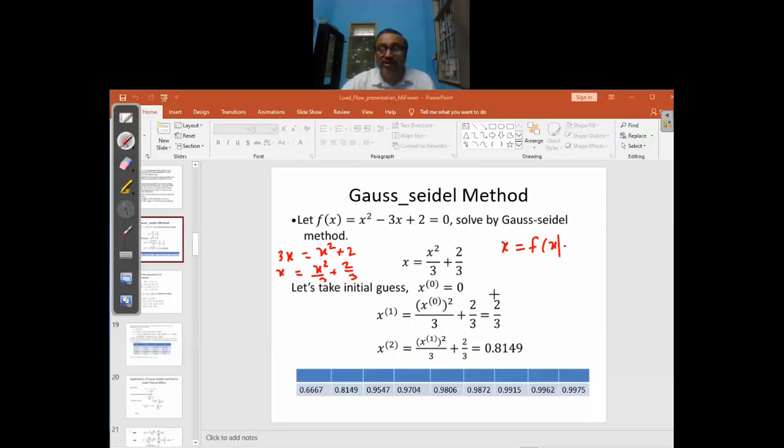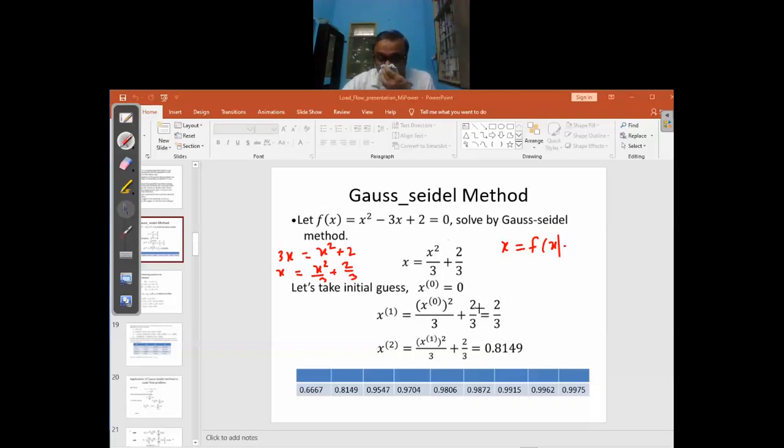So this is my value of x in the first iteration. Now this again I put on the right hand side. So x will now, instead of 0, become 2 by 3.